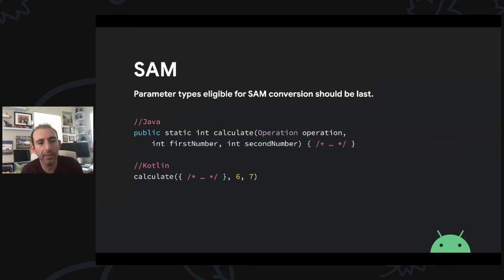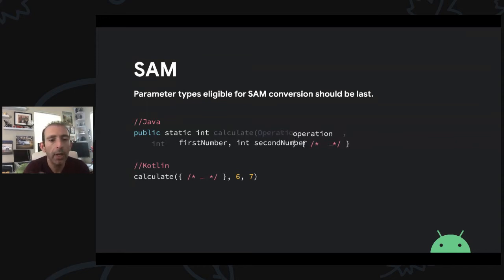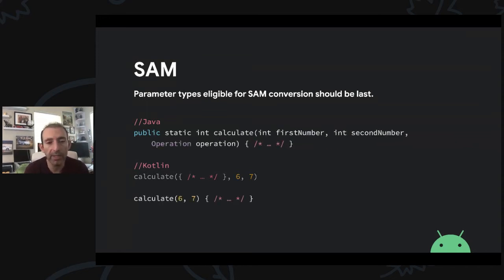The syntax doesn't seem perfectly fine, but there are no errors. However, if we replace the order of the parameters, then things get much nicer. You can just pass the integers and then add your operation as a lambda parameter, and it looks much like native Kotlin.